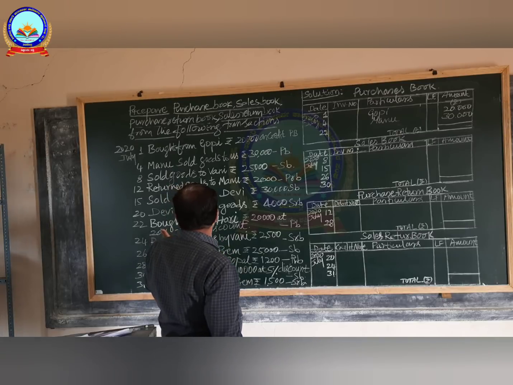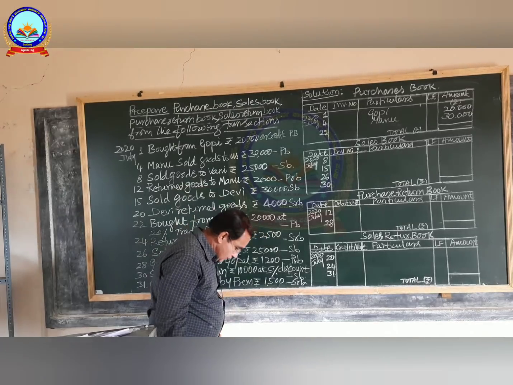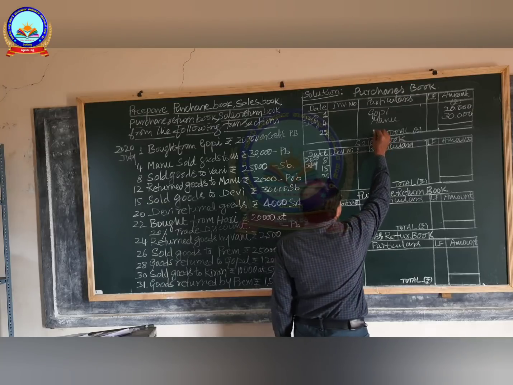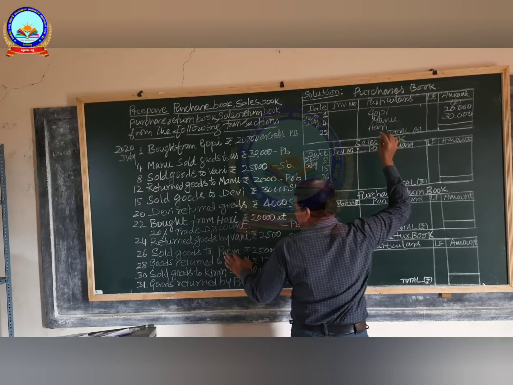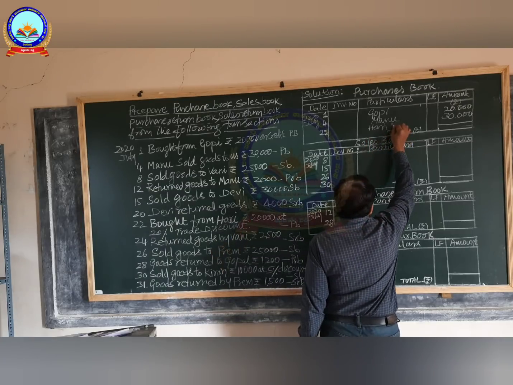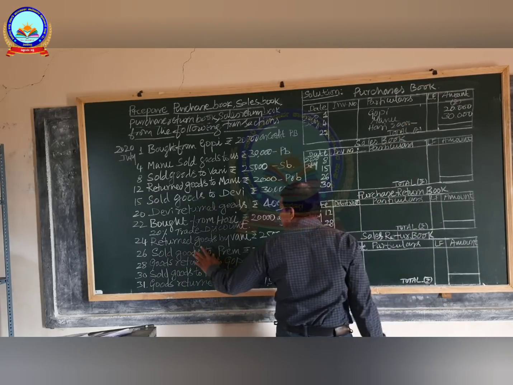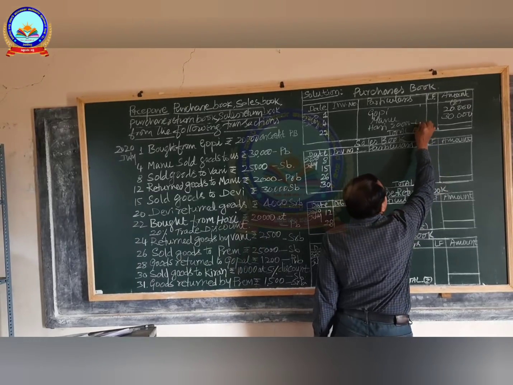And on 22nd, the goods bought from Hari amounted to rupees 20,000 at a 20% discount. It should be entered in the purchases book under Hari. The total amount mentioned in the transaction is rupees 20,000 minus discount 20%, which comes to rupees 4,000.